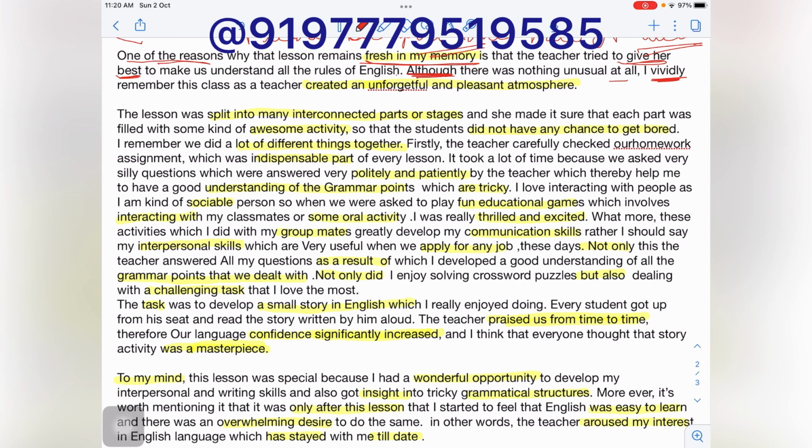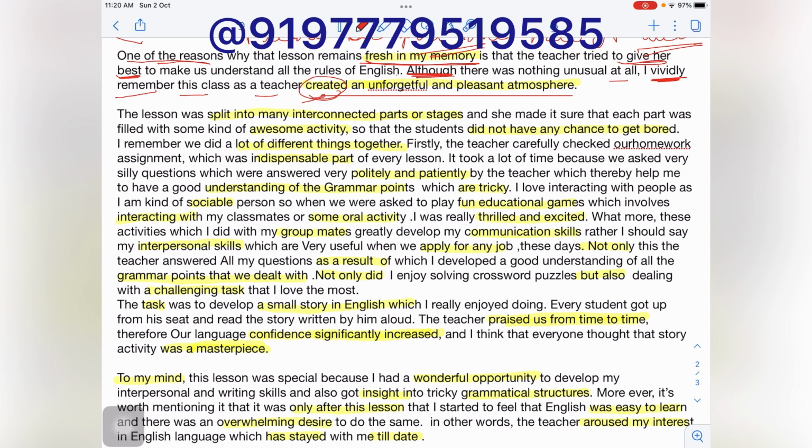I am trying to just speak in Hindi sometimes. I vividly remember this class as the teacher created an unforgettable and a pleasant atmosphere, means you cannot forget it. It was a pleasant atmosphere, it was so nice. She created, remember this word, created.